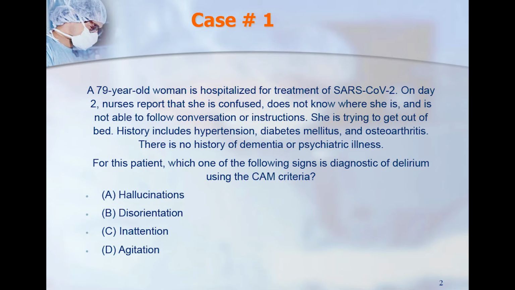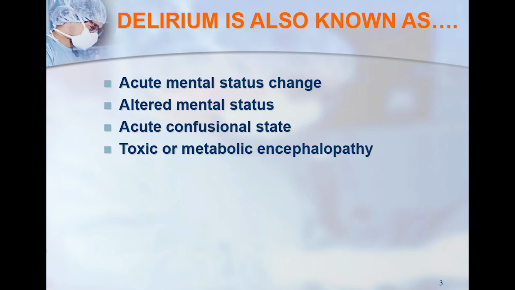So let's move on. I'm going to go into more detail. Delirium is also known as acute mental status change, altered mental status, acute confusional state, toxic or metabolic encephalopathy, right? So these are all also known as.